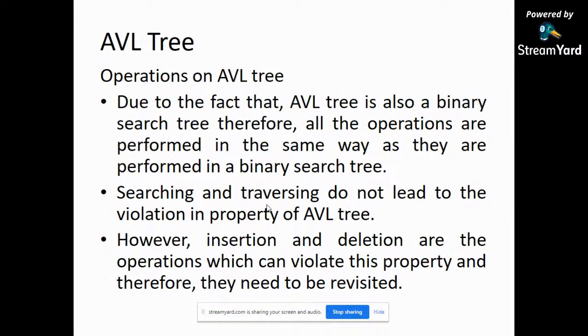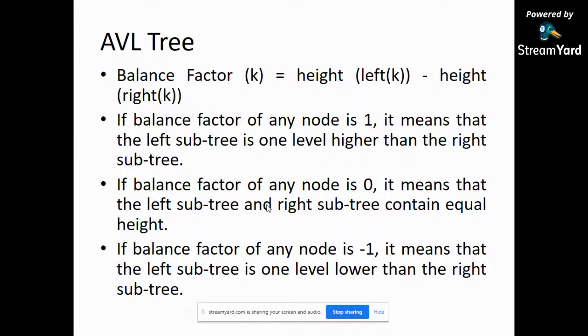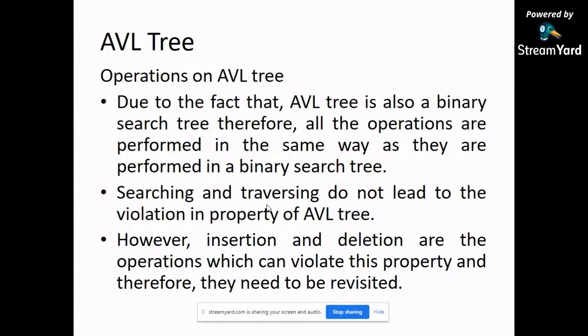This balancing is done using rotations. Insertion in AVL tree is performed in the same way as it is performed in a binary search tree. However, it may lead to violation of the AVL tree property, and therefore the tree may need balancing. So the tree can be balanced by applying rotations. We'll study these rotations later on.